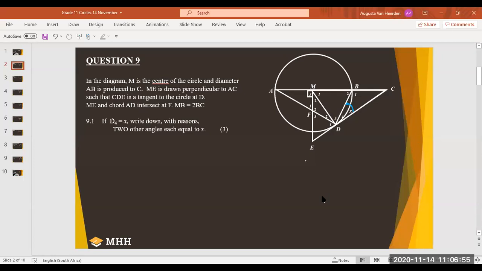M is the center of the circle. If I see the center of the circle, I know radii. Immediately I know that this one and this one and that one are going to be equal in distance. If I see a diameter, immediately my brain goes into angle in a semicircle.